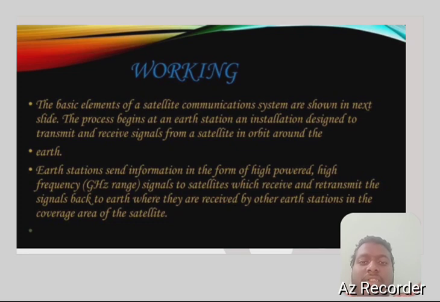The earth station sends the information as high powered, high frequency signals to the satellite, which receives the signals and transmits them back to the earth, where they are received by the other earth station.